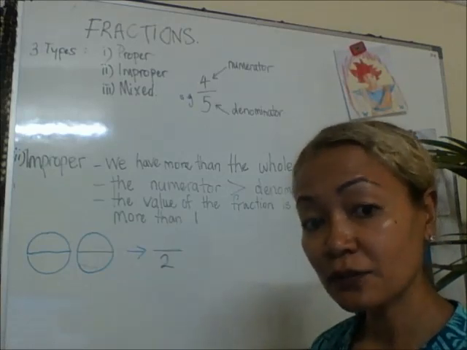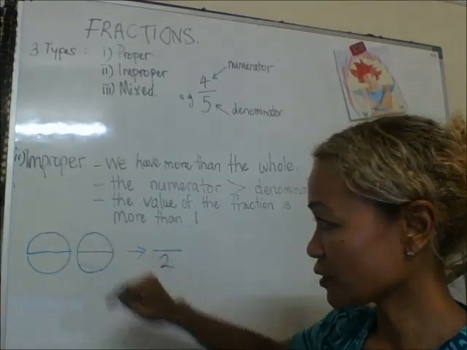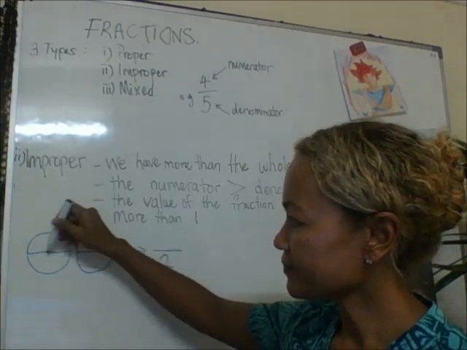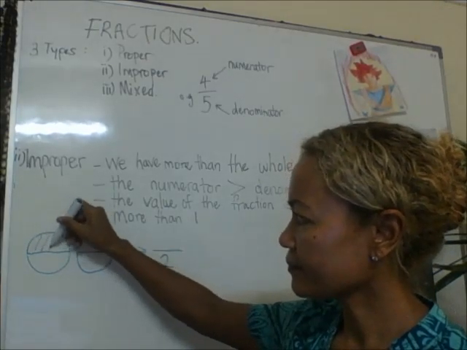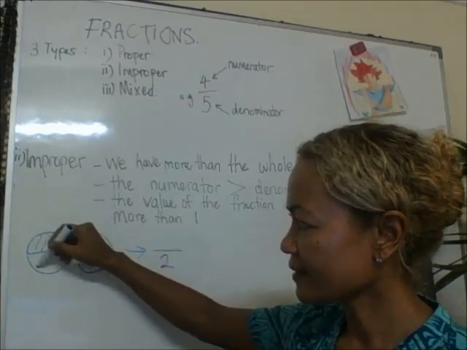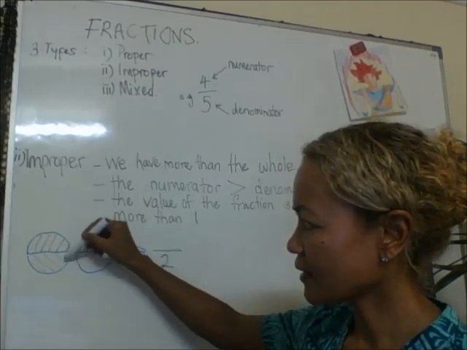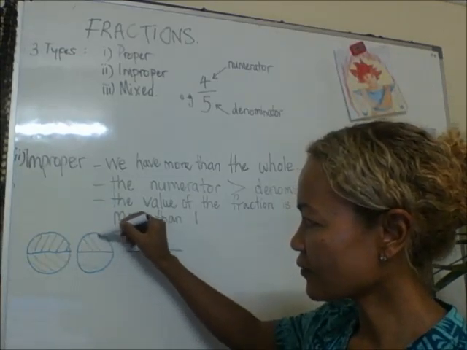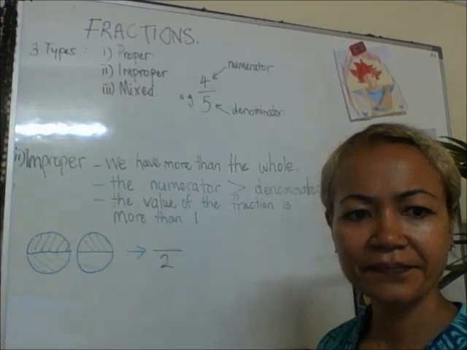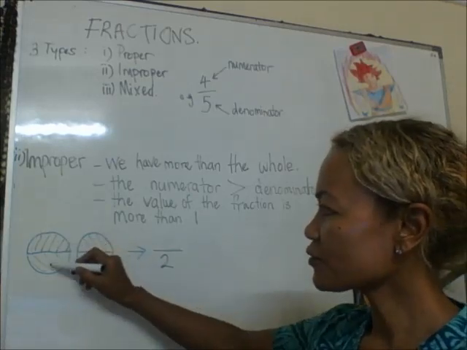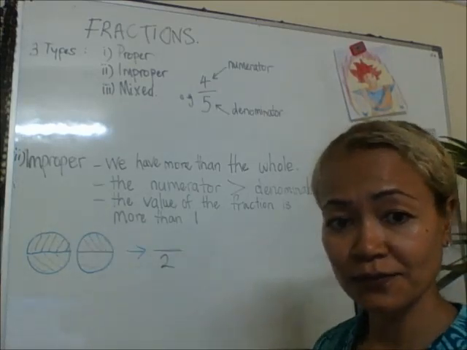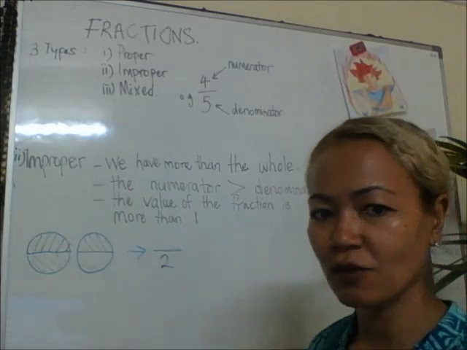Now, out of the possible 2 of each of these, say I have shaded 1 there, 2, and 3 on this side. So 1, 2, 3 out of the 2. 2 is for the whole, but improper, it is more than the whole.